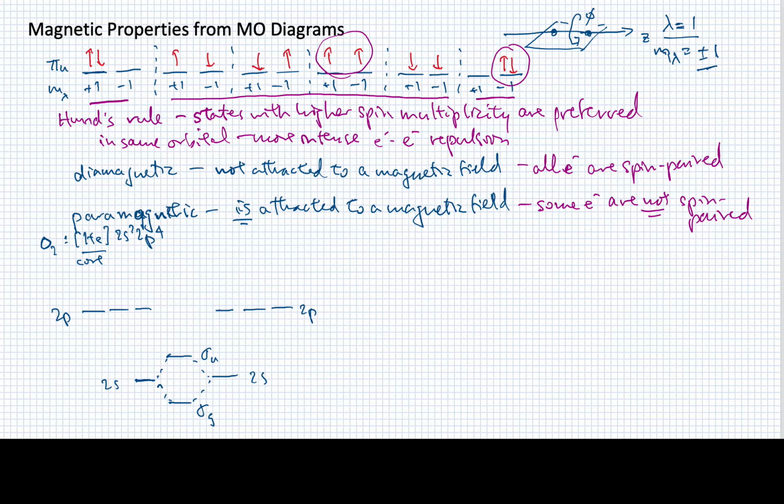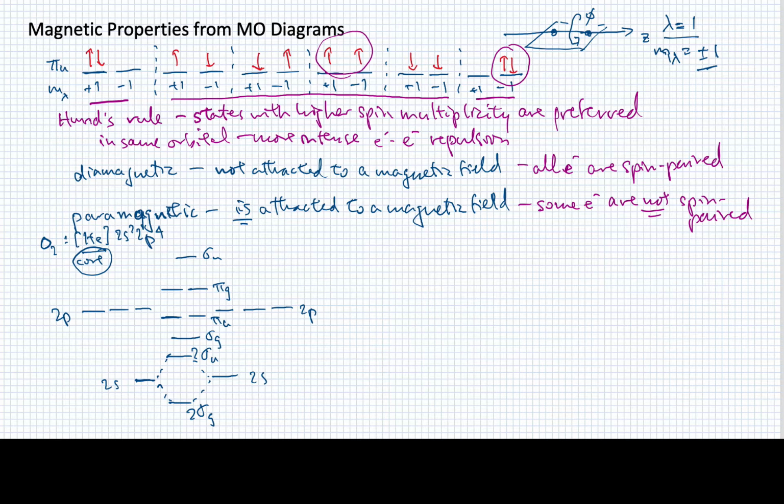And this, in fact, is 2 sigma g and 2 sigma u because the ones were used up in our core electrons. For the p orbitals, the lowest one is going to be a sigma g. Then we'll have 2 pi u orbitals, which are basically the pi bonding orbitals. Then we'll have 2 pi antibonding orbitals and a sigma antibonding orbital. So this is sigma u, and these are pi g.